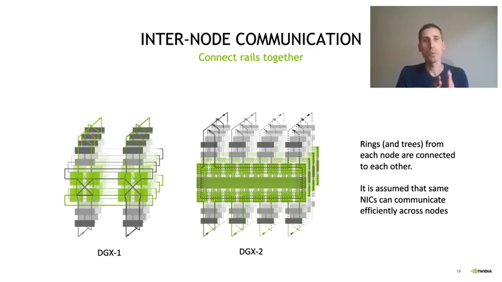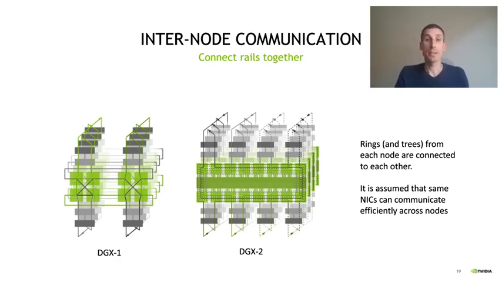And so NIC 1 from one node will communicate to NIC 1 from the next node, and all the NIC 1 will communicate together until we loop back, but we never go to NIC 2. And we have the same thing applying for each NIC, which means that we have some sort of rails for each NIC that operate independently.